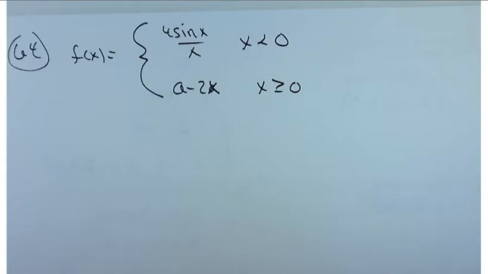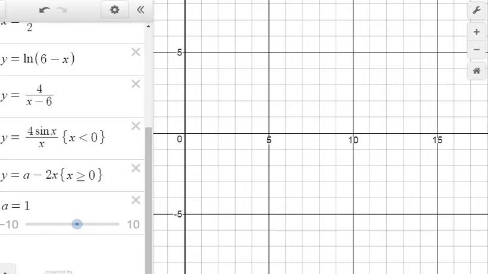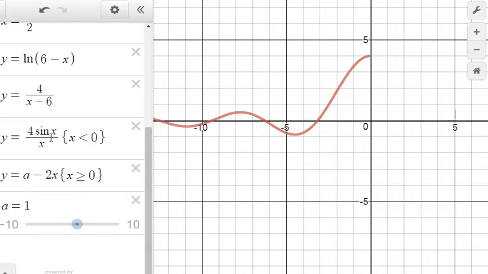Now the question is, why isn't it continuous? The right-hand part of this, to the right of 0, is just a straight line. The left-hand part, as long as you're not plugging in x equals 0, you should be fine. So where's the problem? Well, let's take a look at the graphs. Here's the graph of the first part, 4 sine of x over x for x less than 0.